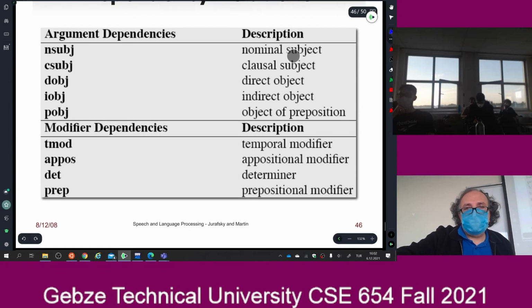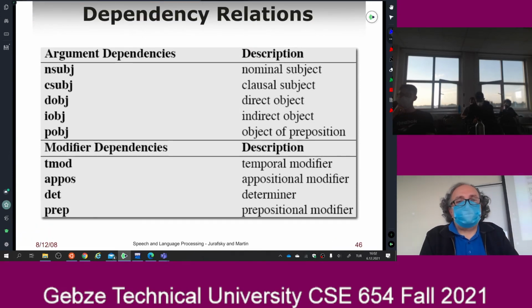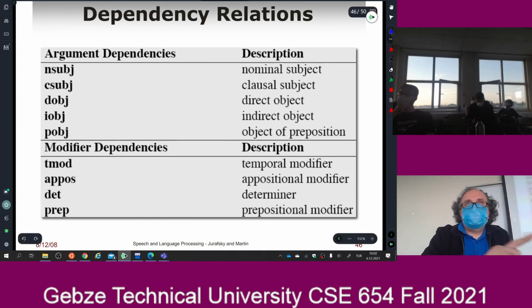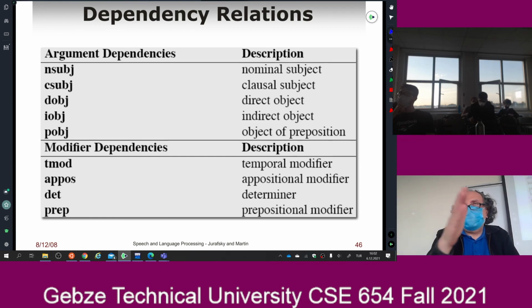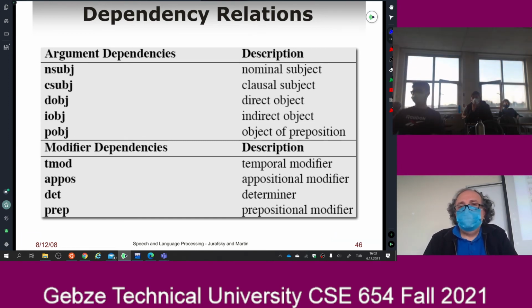Here is a small subset of the relationships defined for some word pairs. Nominal subject: this word is the nominal subject of this verb. Clausal subject: this word is the clausal subject of this verb, and etc.